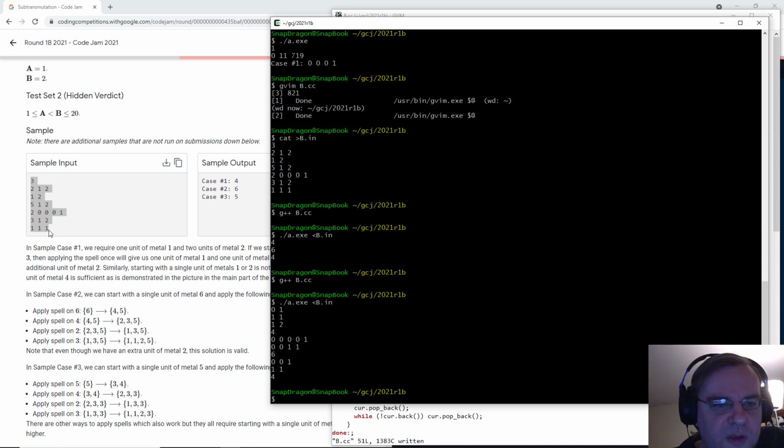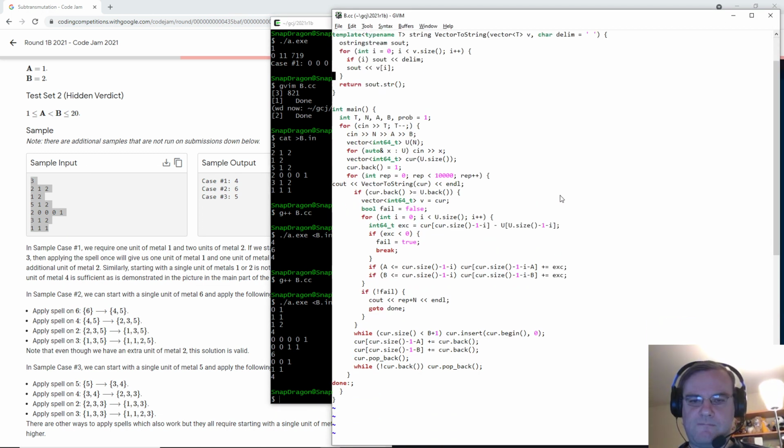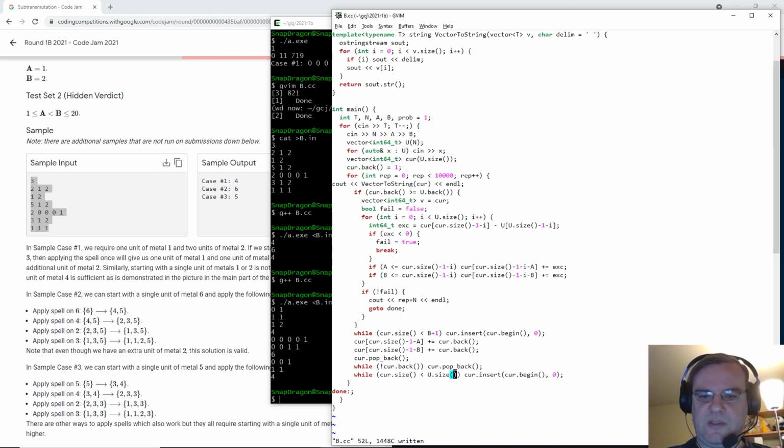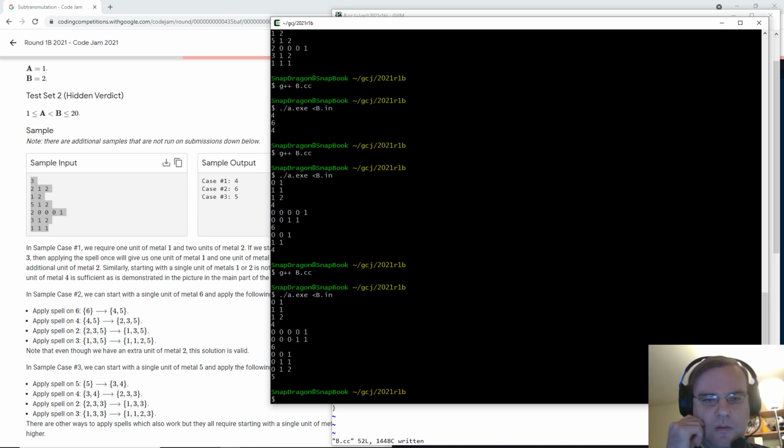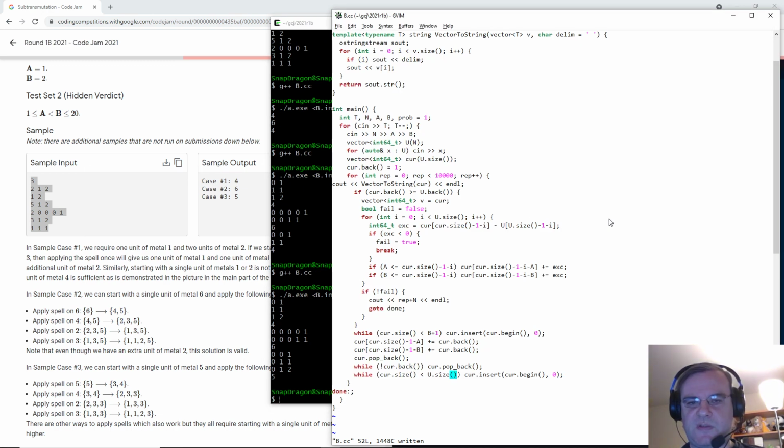Or we need 1 unit of this, 1 unit of this, 1 unit of this. And... do that. Four, 6, 5. Okay, that actually works.